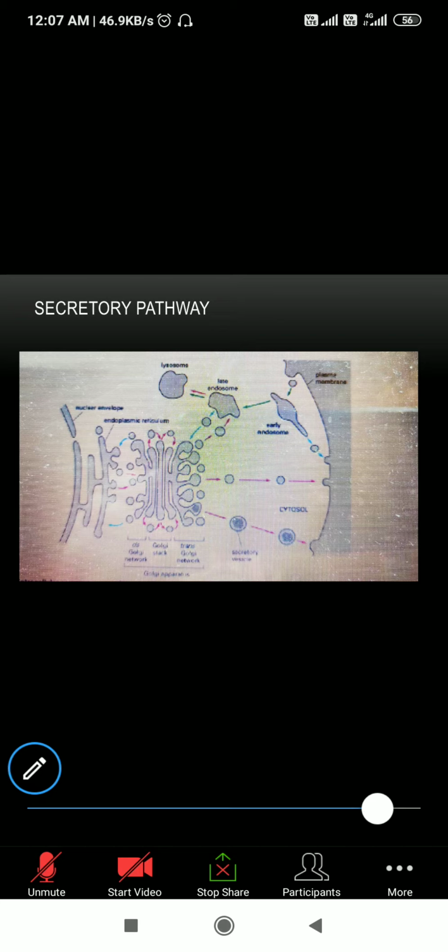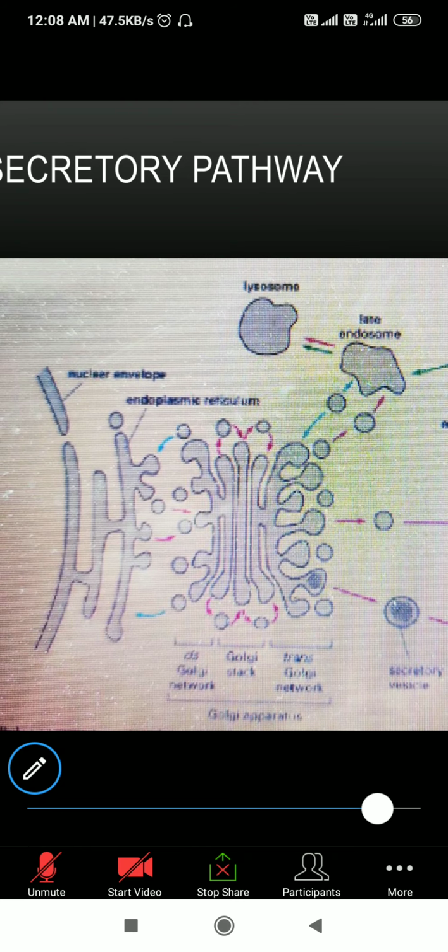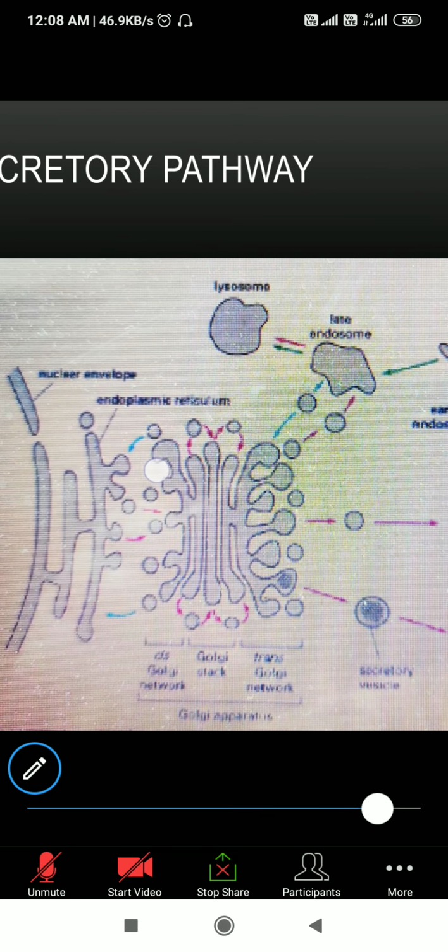The export of proteins from the endoplasmic reticulum, the whole pathway, is called the Secretory Pathway. As you can see here, proteins travel from the endoplasmic reticulum to the Golgi bodies in vesicles, these small vesicles.